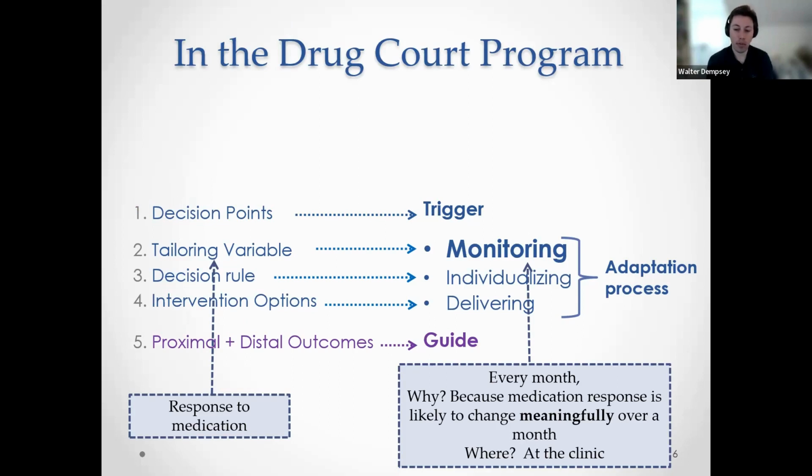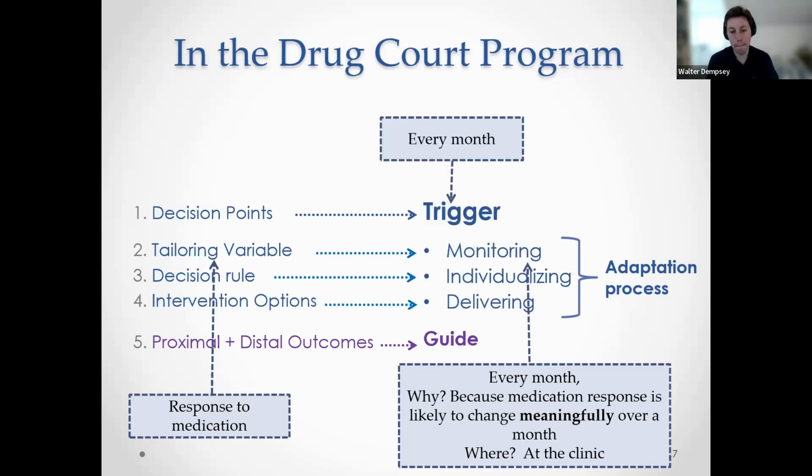Because response to medication was thought likely to change meaningfully over the month. As for where, when I say clinic, in this particular case it was really part of the school. The school was monitoring these individuals. So that meant that we should build decision points that trigger every month.